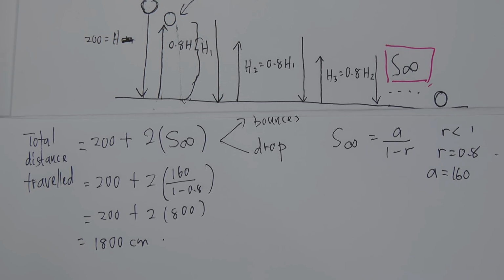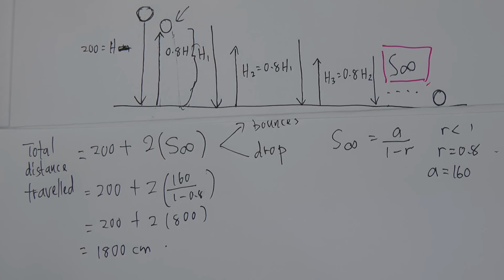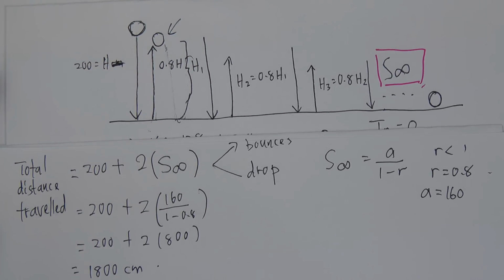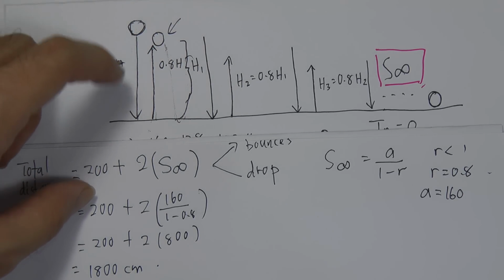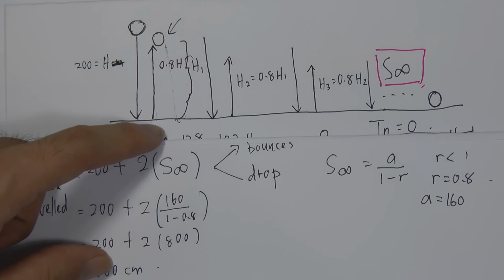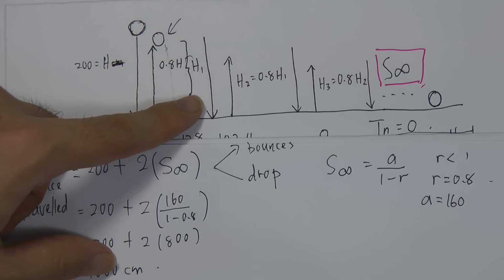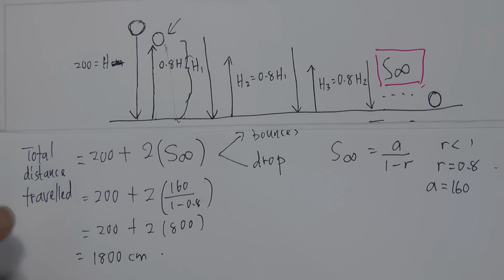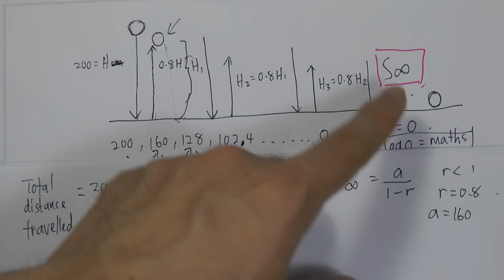So about this question, you must fully understand the question in order to solve it. The trick here is that first, when he dropped the ball at 200 cm, the ball never bounced at 200 cm; it bounced at 160 and then dropped at 160, until it stopped.